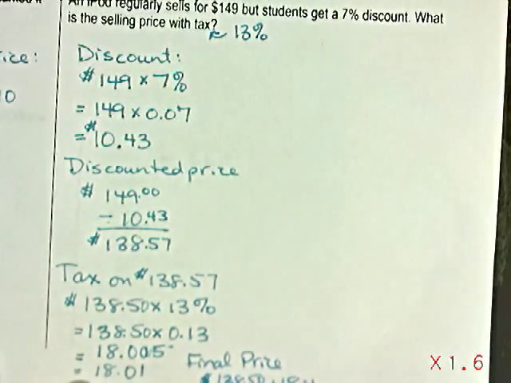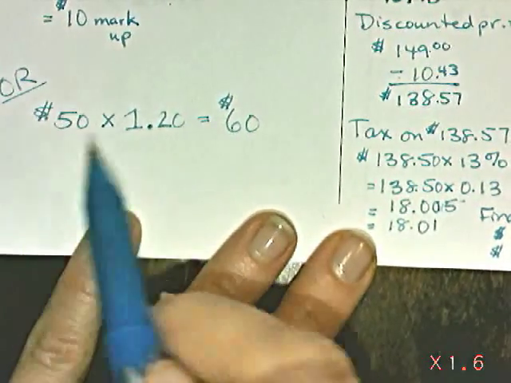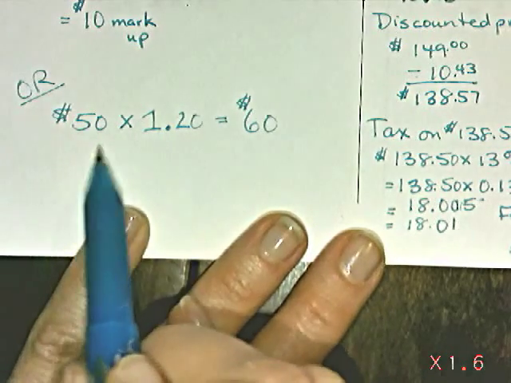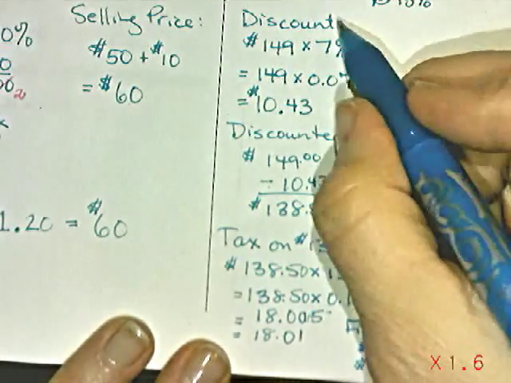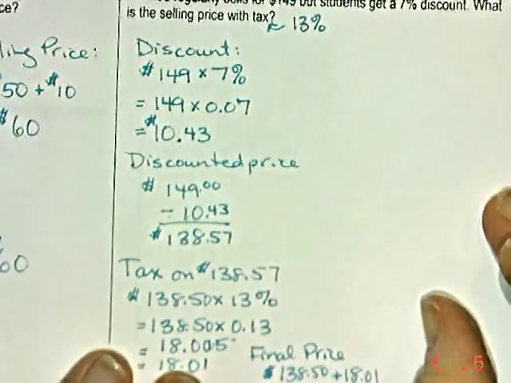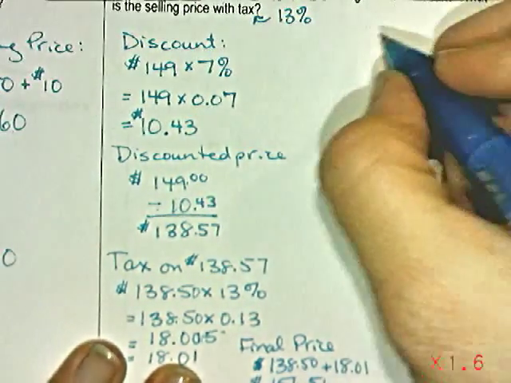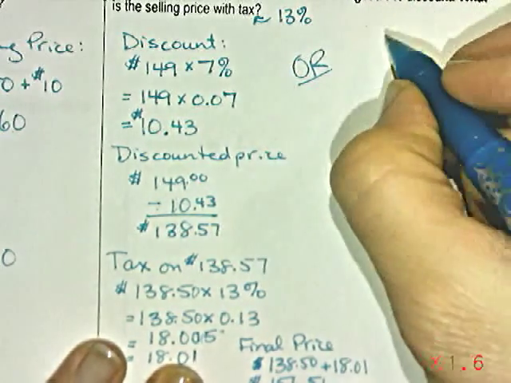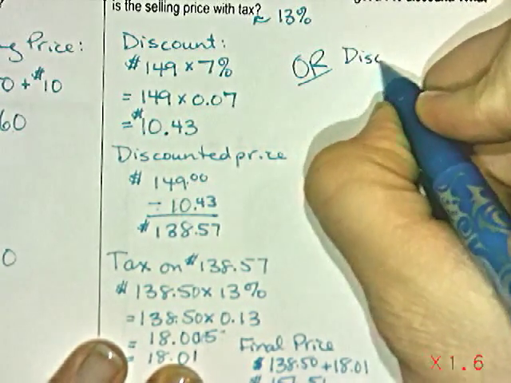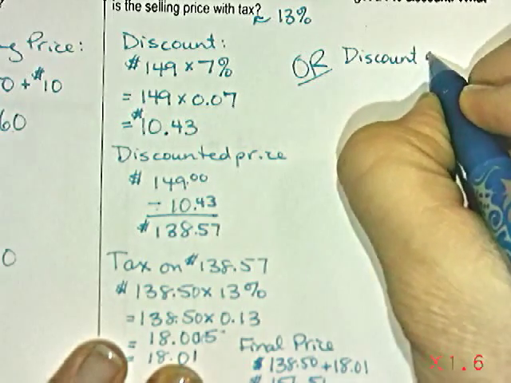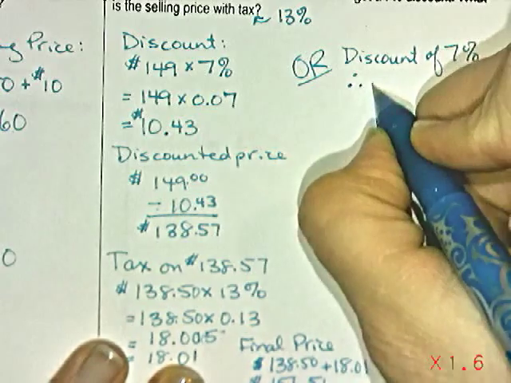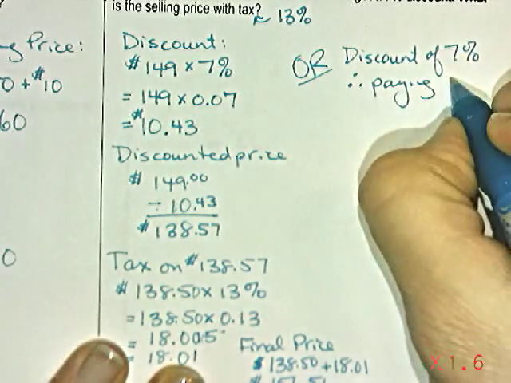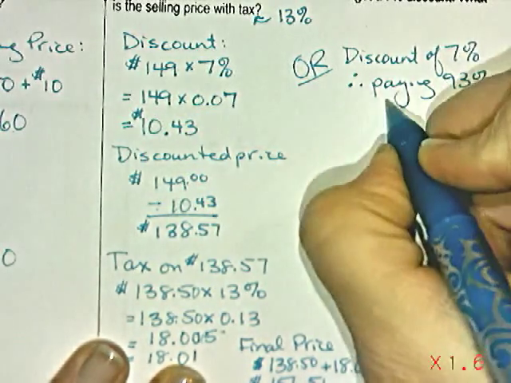Again, just like we did our increase of 20% with one calculation, we could do our discount of 7% with one calculation. If I have a discount of 7%, that means I'm paying 93% of the price.